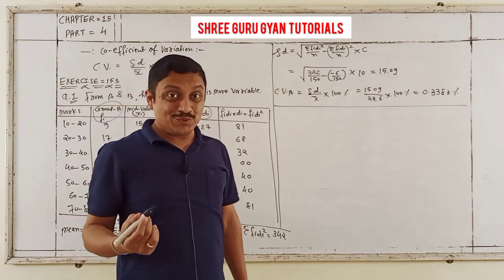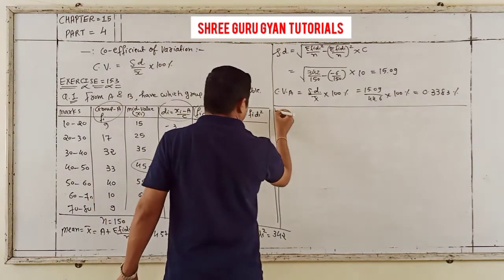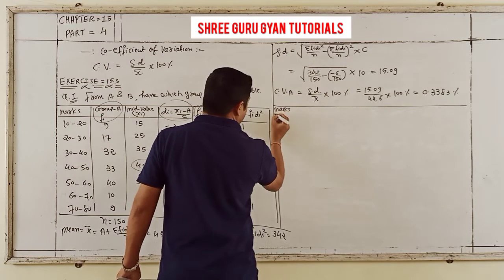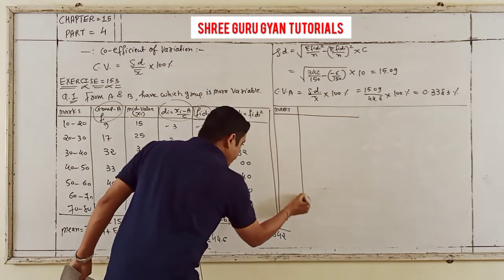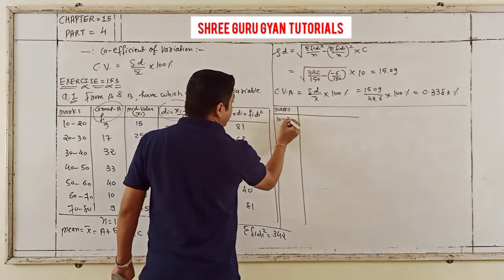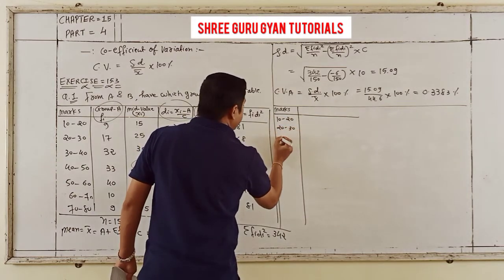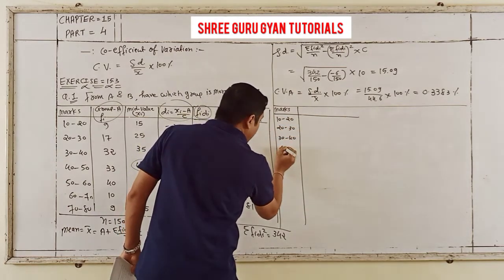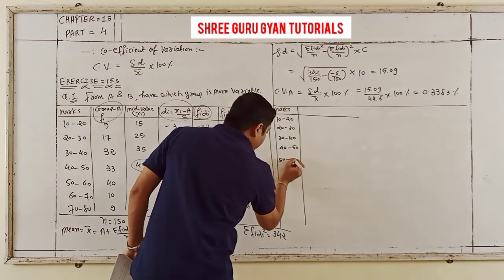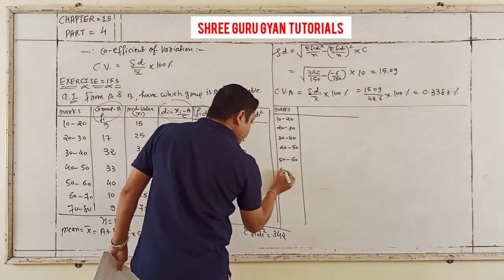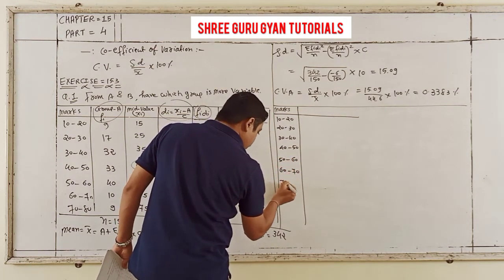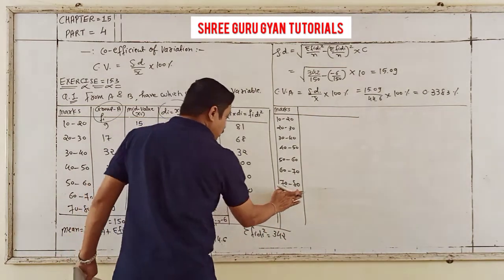Now I will go to group number B. Similarly the marks are 10 to 20, 20 to 30, 30 to 40, 40 to 50, 50 to 60, 60 to 70, and 70 to 80.